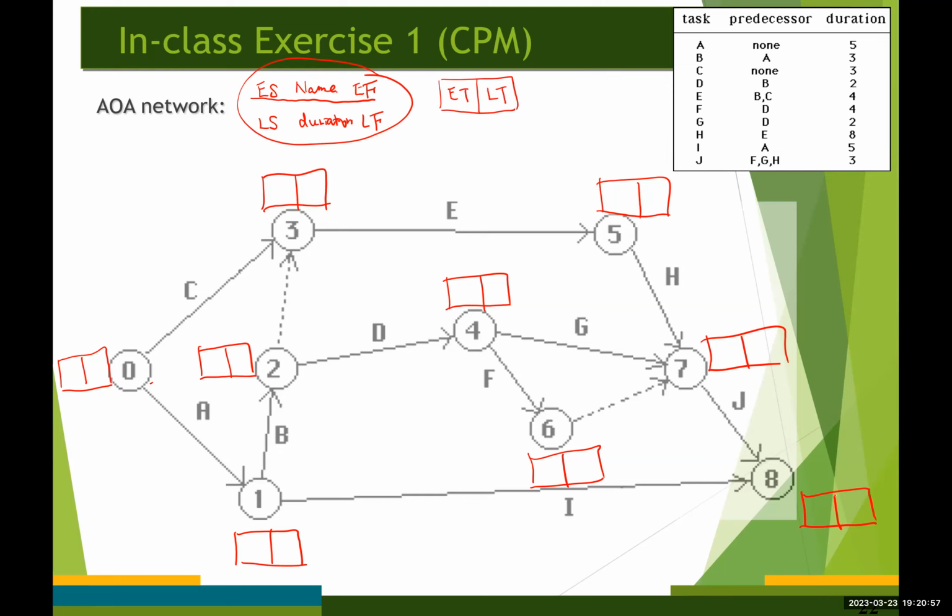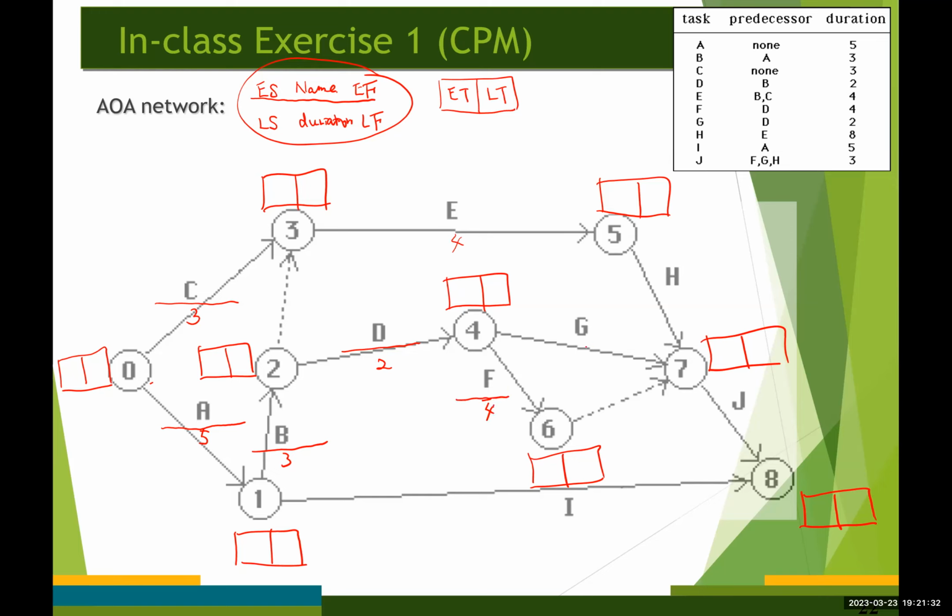Okay, and then let me put the duration down here. So A is going to be 5, right? And B is 3, C is 3, but D is 2, E is 4, F is 4, right?